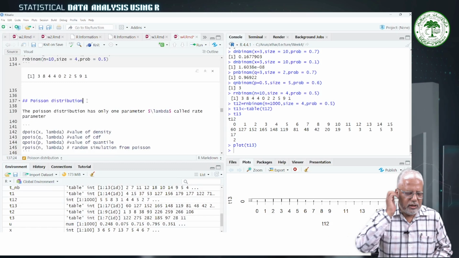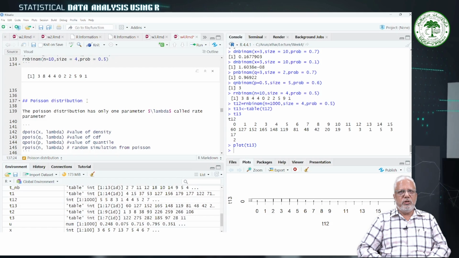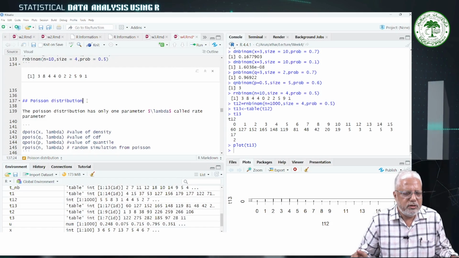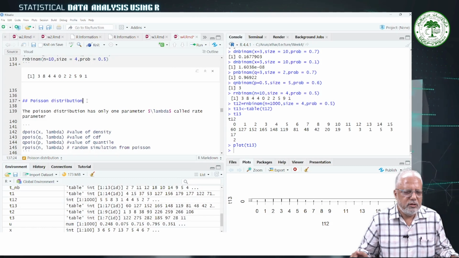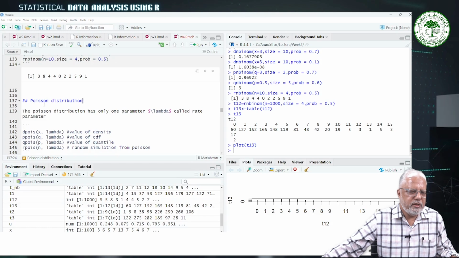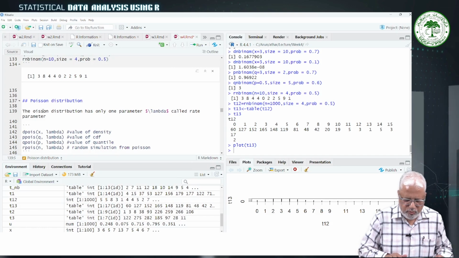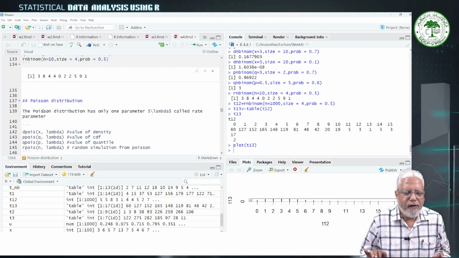Now I am going to talk about a very important distribution, and that is known as the Poisson distribution. It is the distribution used when your output is in the form of counts.